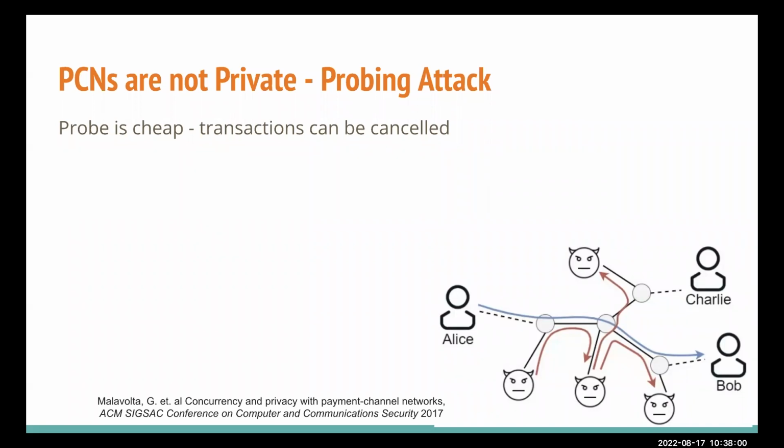The idea is that an attacker can ask the network, hey, can I move a specific amount of coins from me to someone else? And then after receiving a response from the network, the attacker can just cancel the transaction and not pay anything. So the attacker was able to achieve observation of the network without paying anything.